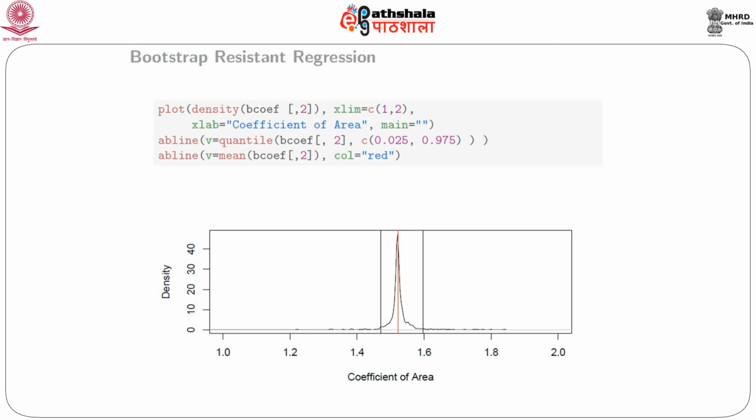We can have the quantiles drawn also on it, and we can draw the mean bootstrap estimate by using abline with v equal to the mean of Bquef's second column, color equal to red. Now we see that the confidence interval does not contain 0, meaning that area has an effect on species.